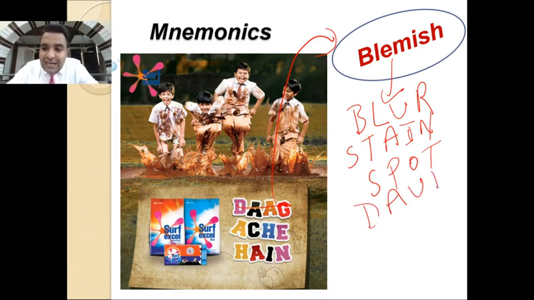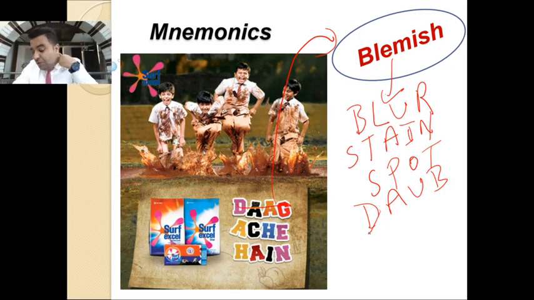So Surf Excel का ऐड है दाग अच्छे हैं, so daub अच्छे हैं. If you read a newspaper, you're going to understand that Nirav Modi and Vijay Mallya, they are a daub on the Indian economy. They are a daub for our country, India. Daub sounds like dabba, so you have to relate the words. That is through mnemonics. So blemish, daub, spot, stain.